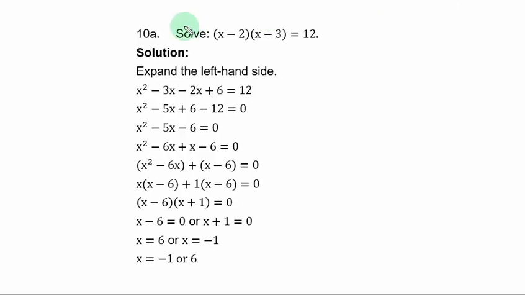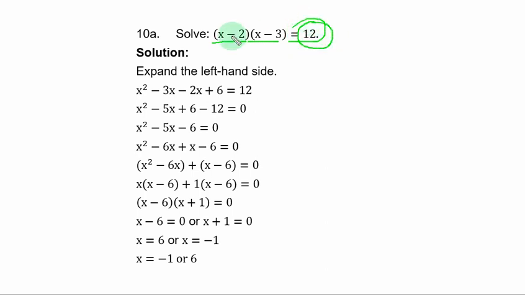Question 10a. Solve (s minus 2)(s minus 3) equal to 12. Now, don't be tempted to equate each bracket to 12. You only do that when you have 0 at the right hand side.